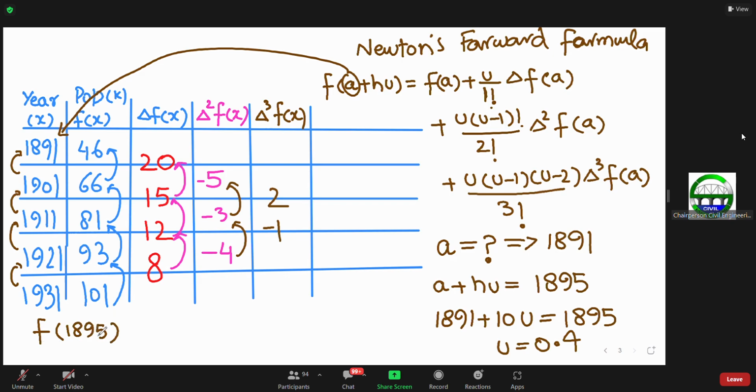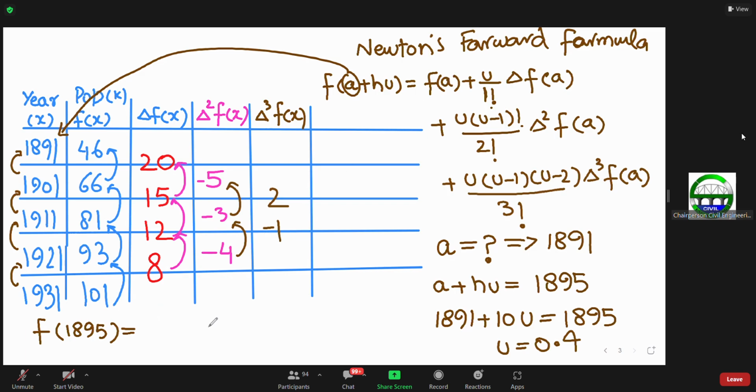So f of 1895 means we are going to calculate the value of the population at the year 1895, right? So in here, put the values. What is f of a?